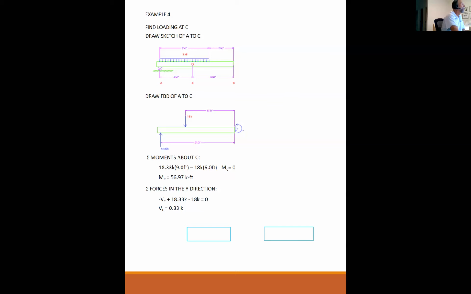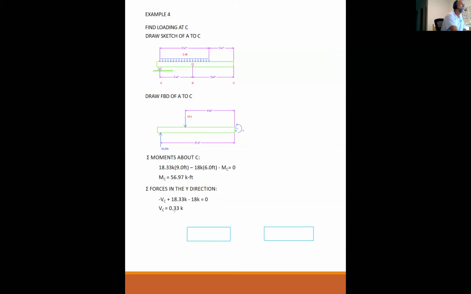Okay. So the thing is, this is later on in the course. Later on in the course, we're going to be doing shear and moment diagrams. That's a big part of this class. See, what we're doing here is just a spotlight.